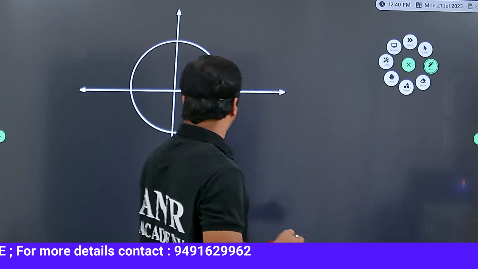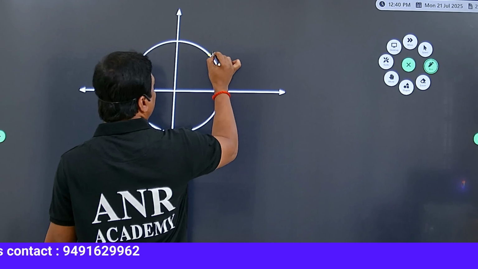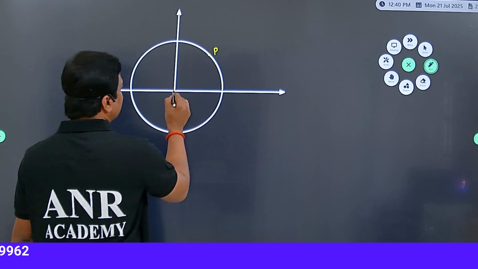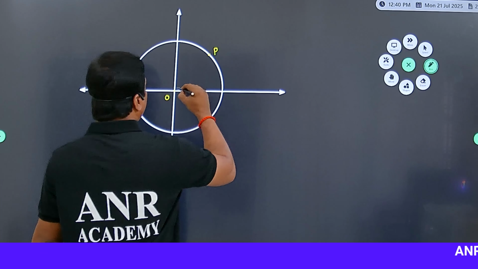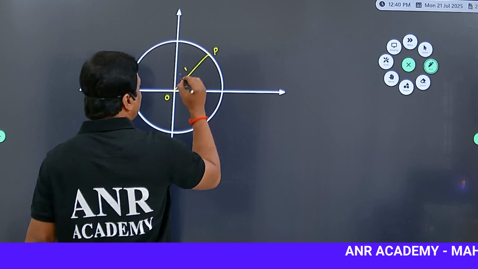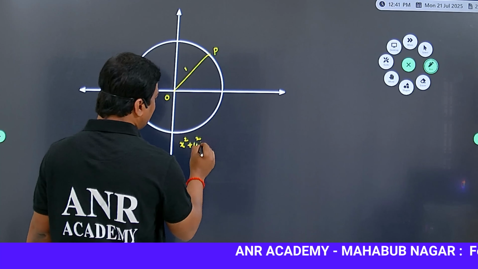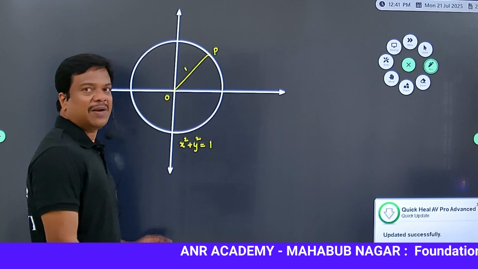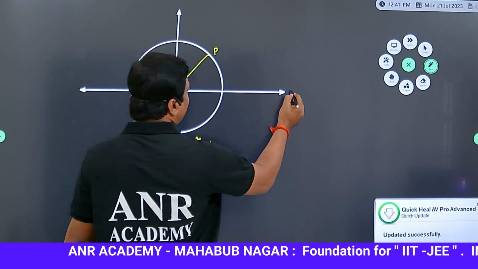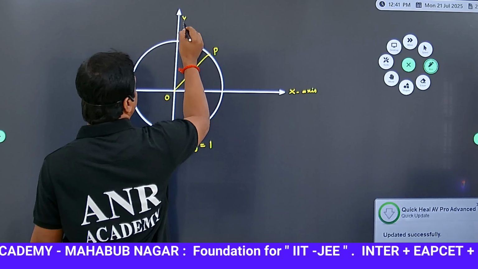I am going to select a general point P on the circumference. This is the origin. O to P, the distance, is the radius of the circle. Suppose that the radius is 1 unit. Since it is a unit circle, the equation is x square plus y square equal to 1. This is the positive x axis and this is the y axis.